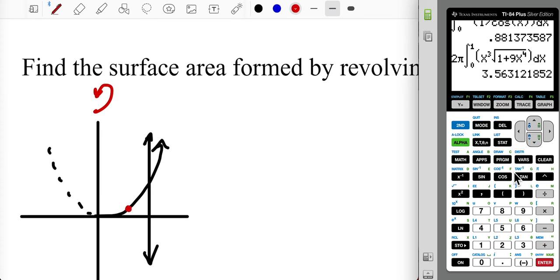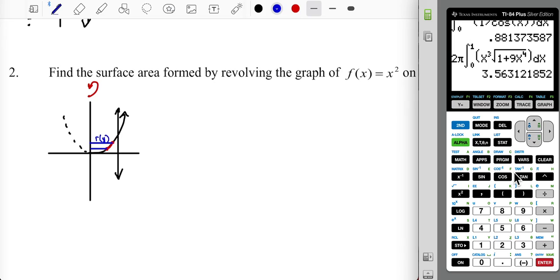So we're talking about just some segment that's getting spun around the axis. I'm going to need r of y here, some function of y. Since y is equal to x squared, x would be equal to root y. And so that's going to be my r of y.